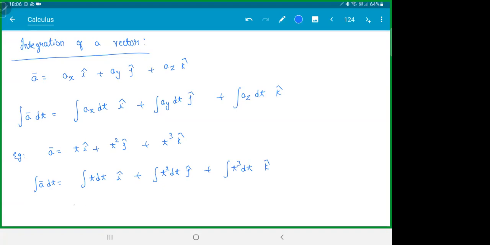Whatever the limits are; I have not given limits here. So t square by 2 i cap, t cube by 3 j cap, t power 4 by 4 k cap, plus a constant, basically, since limits are not given. If limits are not given, you always have to add plus constant. It's indefinite integration.